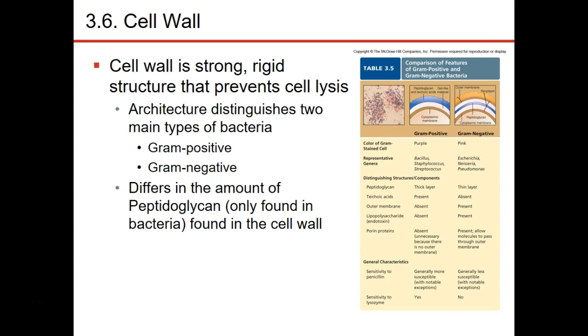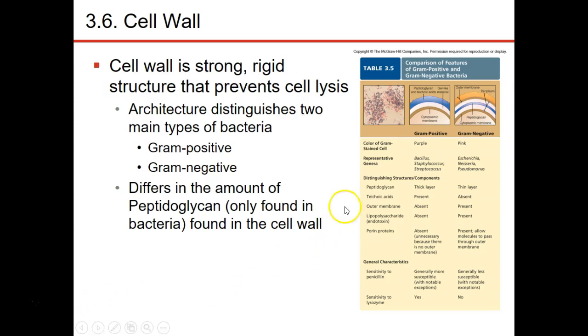Gram-positive bacteria contain a lot, or multiple layers, of peptidoglycan, while gram-negative bacteria contain very little peptidoglycan. This difference actually allows us to distinguish gram-positive from gram-negative bacterial cells, because gram-positive bacteria stain purple in a process called the gram stain, while gram-negative cells stain pink.